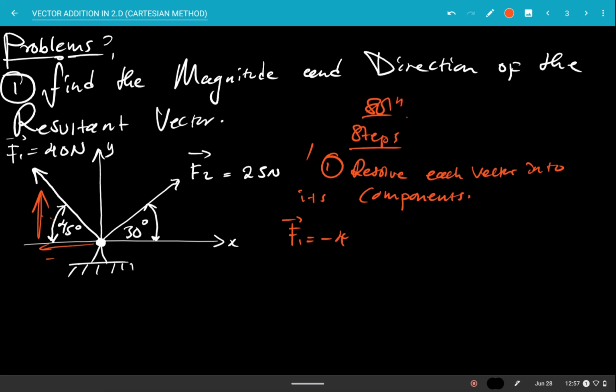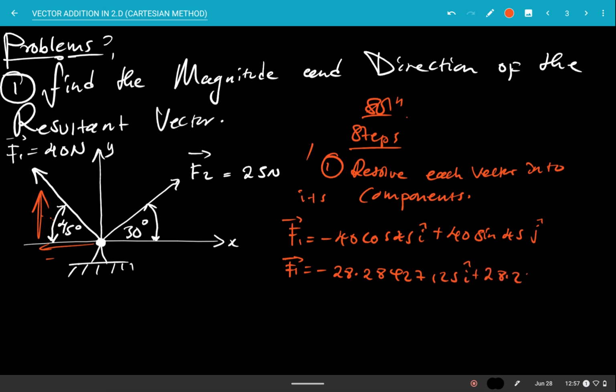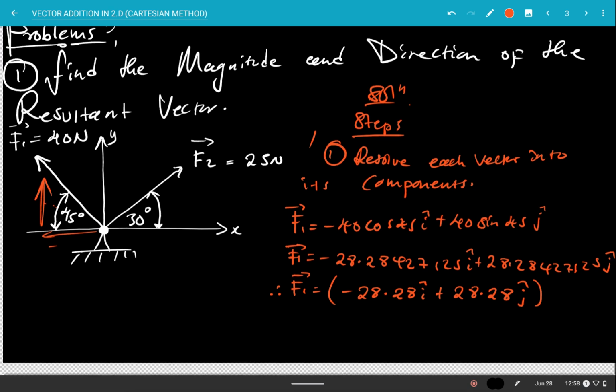So we're going to have minus 40 cos 45 in the I, then plus 40 sine 45 in the J. If we compute that, we end up having minus 28.28427125 in the I, plus 28.28427125 in the J. If I round this off correct to 2 decimal places, then my components for F1 will be minus 28.28 in the I, then plus 28.28 in the J. So these are the components for F1.